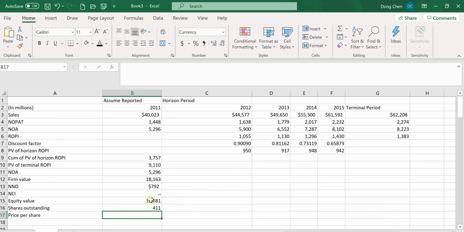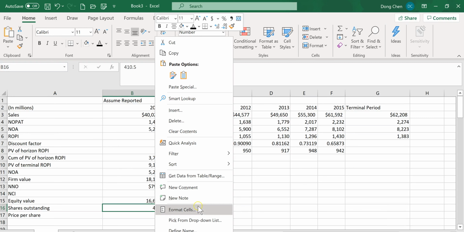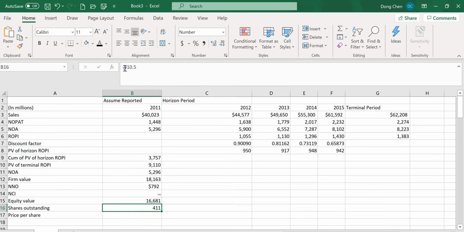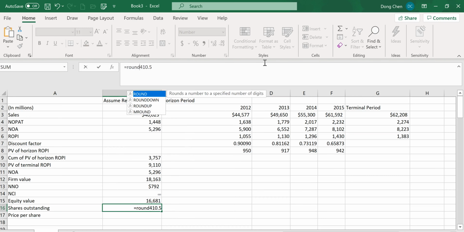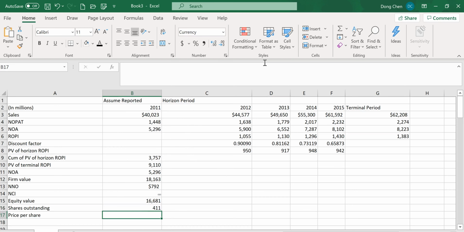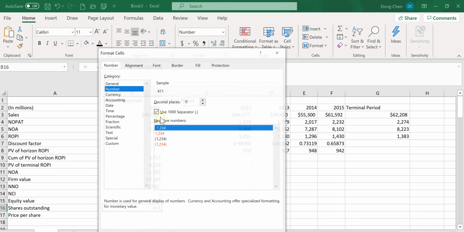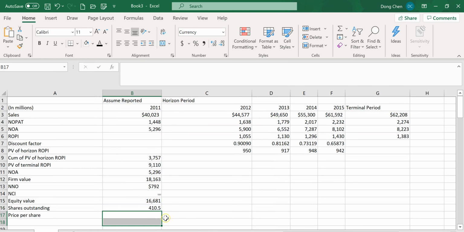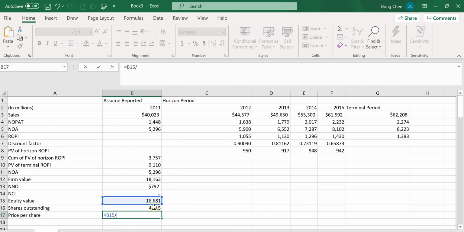So just use the round function, equals round, and 1 decimal place. So I need to format the cell to be 1 decimal place. So eventually price is obtained by dividing the equity value by the shares outstanding.